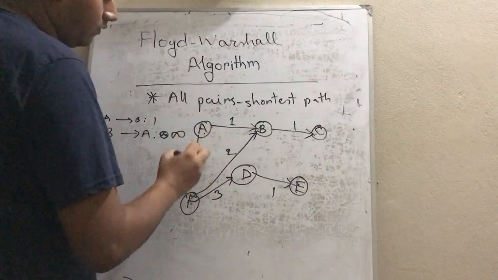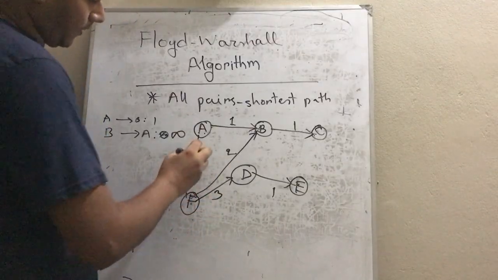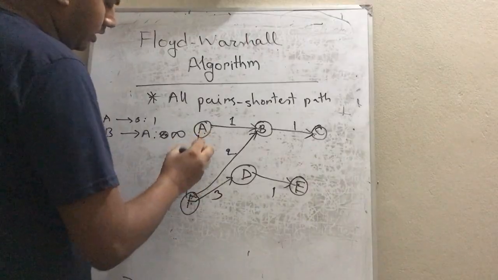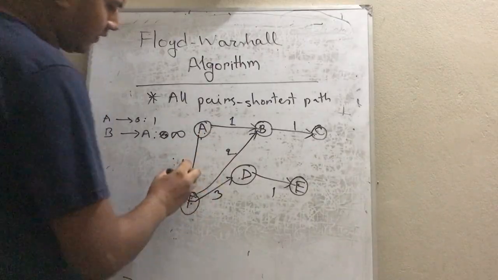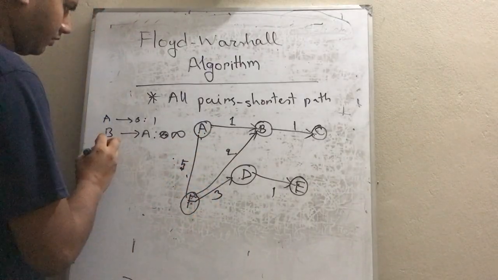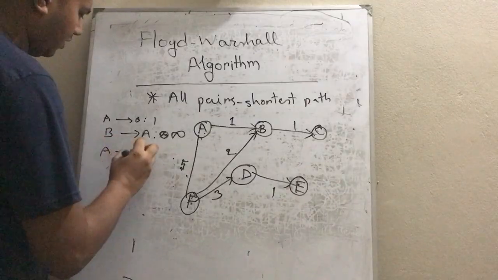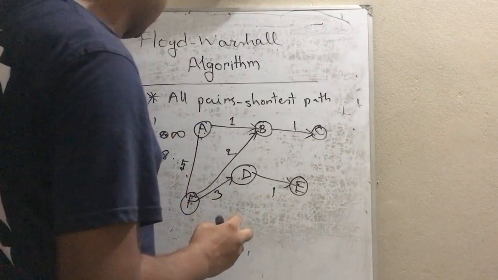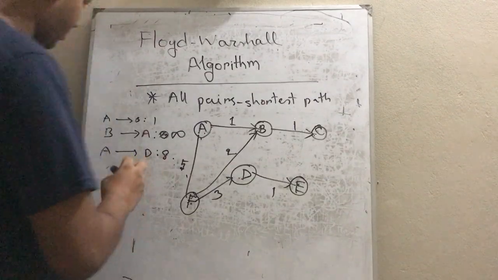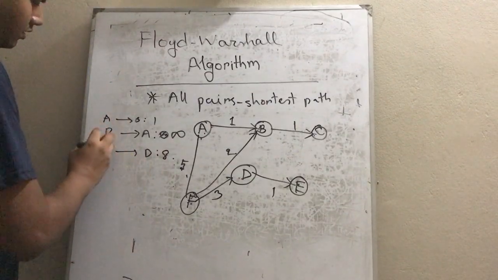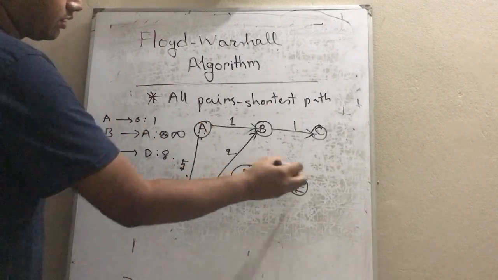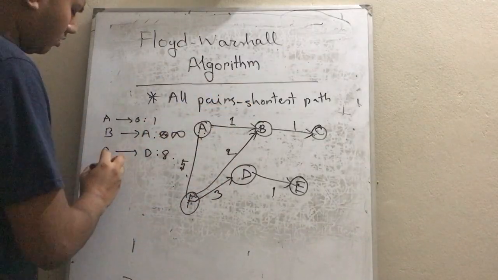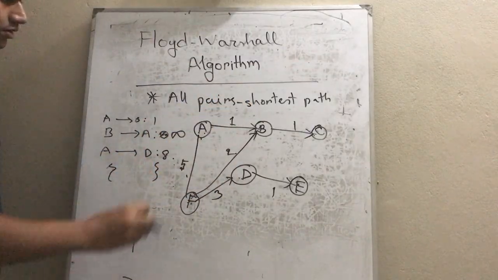A to D, what is the shortest path? A to F, F to D: 5, 3, 8. So A to D is 8. Similarly A to all others, and so all possible pairs, shortest path.